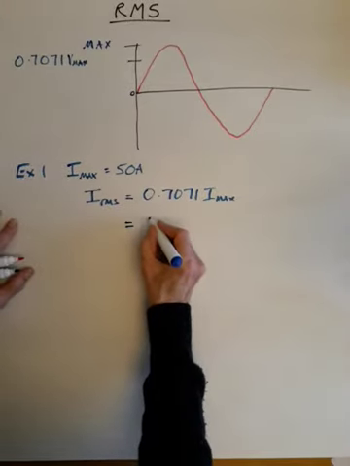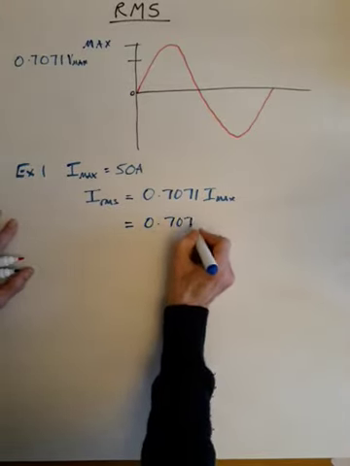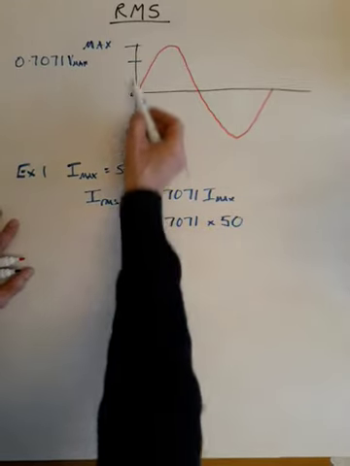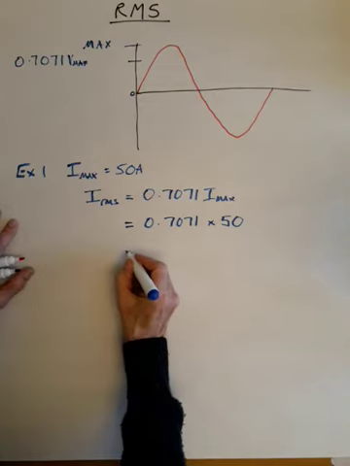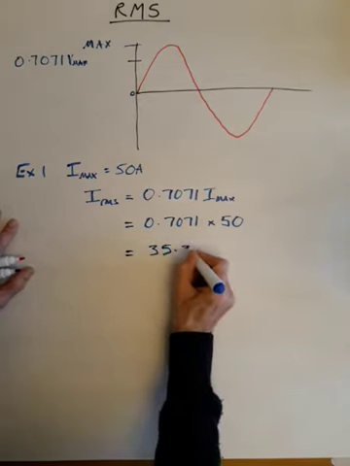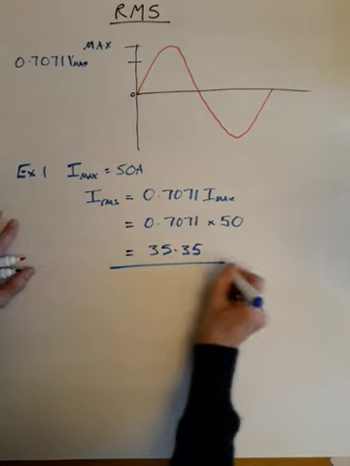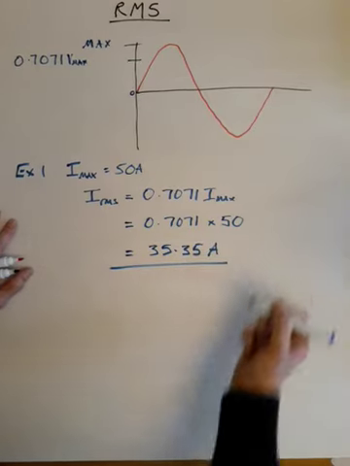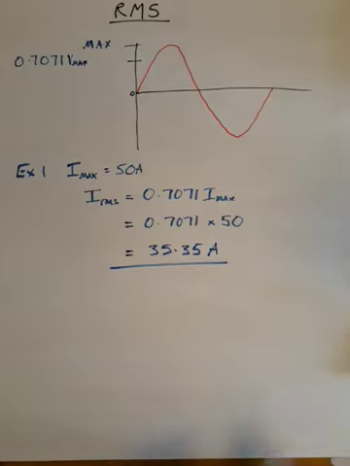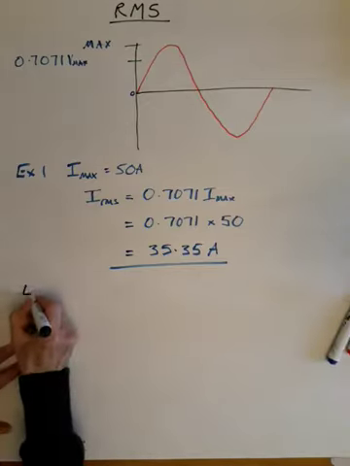Put the numbers in. So the maximum value we're saying is 50, and if you work that out, that's 35.35 from memory. So that's example 1.